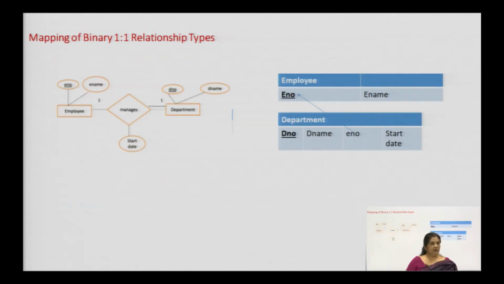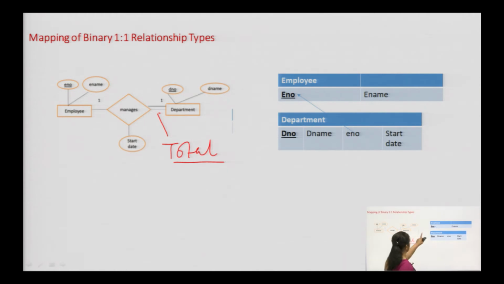Let us look at the foreign key approach. So, here we see we have the relationship manages between employee and department. It is a 1:1 relationship, employee manages department, and we have shown over here that department has a total participation. So, participation of department is total over here.